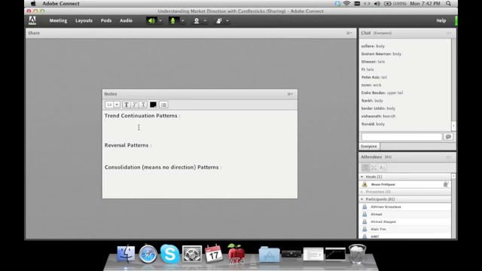So, trend continuation patterns, we have a couple. False exhaustions. Reversals, we have exhaustions. These are a lot of the terminologies that we use at Urban Forex, and we're going to stick to them to avoid any confusion.